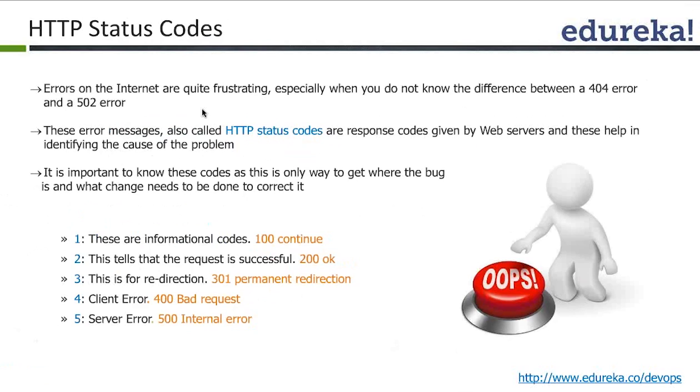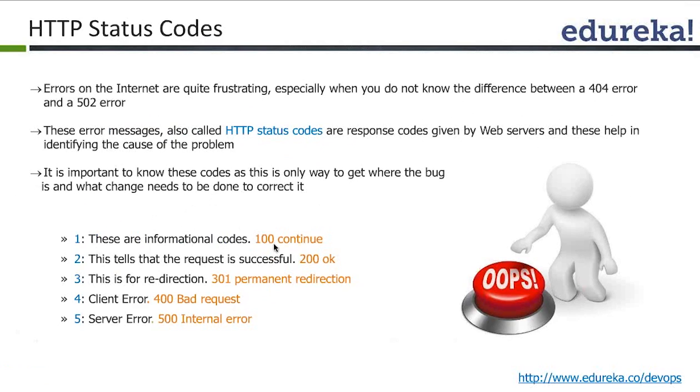Errors on the internet are quite frustrating, especially when you do not know the difference between them. These are called HTTP status codes. They are response codes given by the web server, and they help identify the cause of the problem. It's important to know these codes, and it helps you debug.